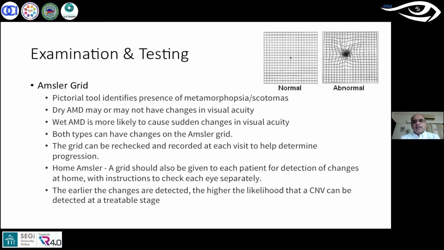And if they notice any changes in vision, they come into the clinic earlier than required. So that's what I usually do. The earlier the changes are detected, the better the likelihood that a CNV can be detected at a treatable state. So the key here is treating the patients with wet ARMD as soon as possible to prevent further damage to the sensitive retinal tissue.